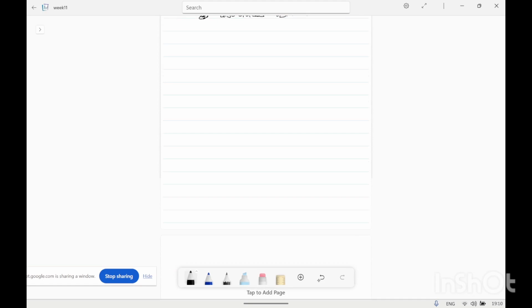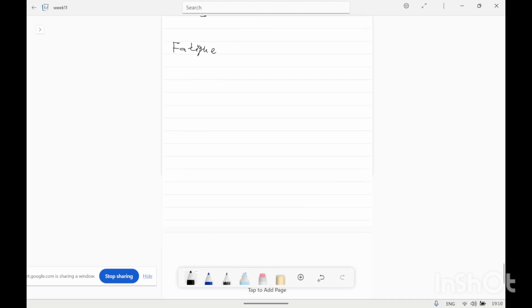Fatigue happens because of the cyclic loading and unloading condition at a dynamic rate. So fatigue is generally defined as the failure under dynamic or fluctuating loading.